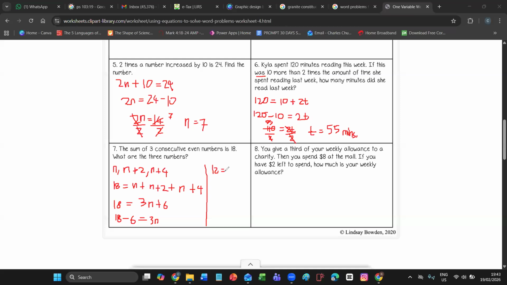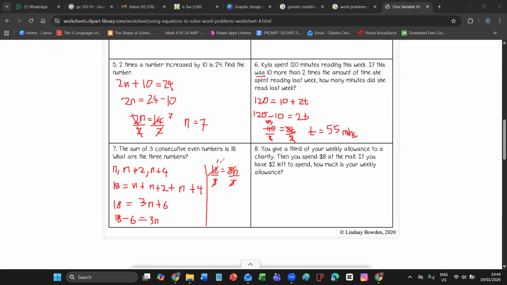So we'll divide both sides by 3 to give us 12 over 3, which is 4. Okay. All right. So we have found one of the even numbers at least.